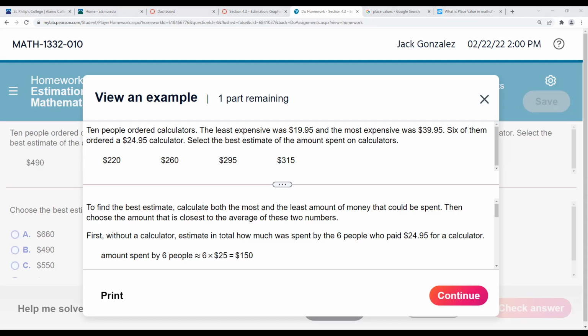So what they recommend is first find what they did spend. Around the $24.95 to $25, because that's pretty much a dollar. 6 times 25, that's going to be what? Yeah, 150. Okay. So there are 4 people left. 4 people bought the other two types.